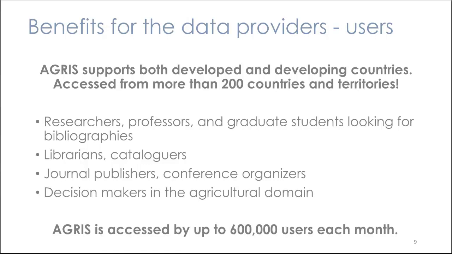Coming to the usage of AGRIS, the most important fact in the beginning, AGRIS is accessed by up to 600,000 users each month. So indeed, it is used a lot, and this is also why we always underline the fact that AGRIS gives visibility to the resources of our data providers.